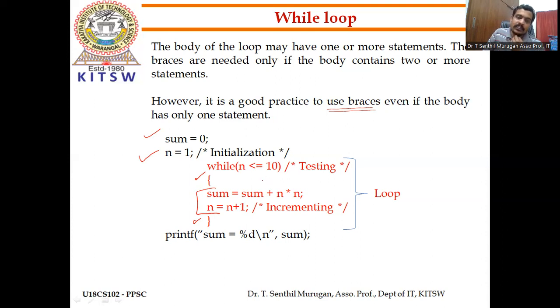While this is true, the body of the loop will be executed, and n will be incremented by 1 until it reaches 10. If the value is 11, then the condition fails and it will come out of the loop. Then it will print the sum value.